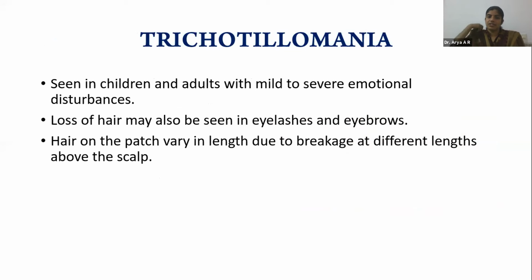And the next condition is trichotillomania. Trichotillomania is associated with some mental disturbances. While having emotional disturbances, we could see some people always picking at their hair. They will start pulling their hair and break it off, and this will lead to a difference in the length of the hair.